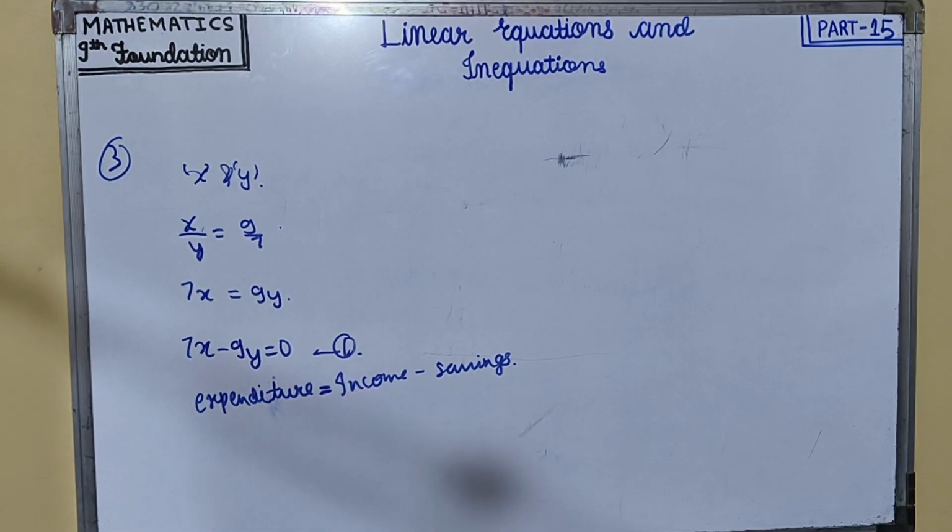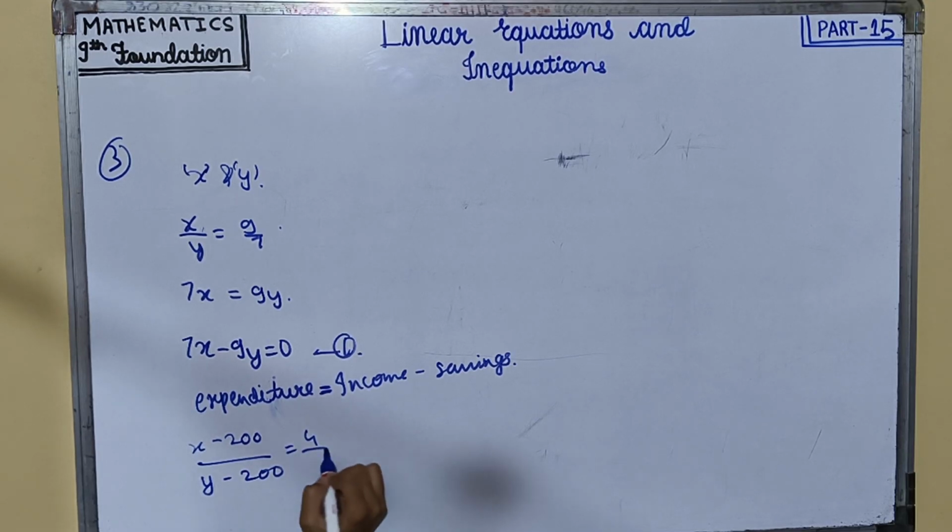So now let's move further. Given that the ratio of their expenditure is 4 is to 3, so x minus 200 upon y minus 200 is equal to 4 by 3.